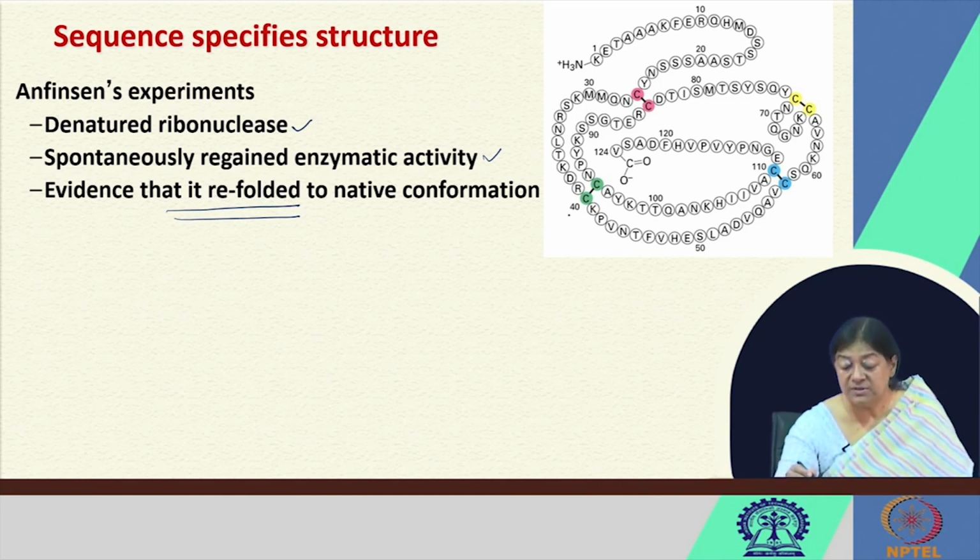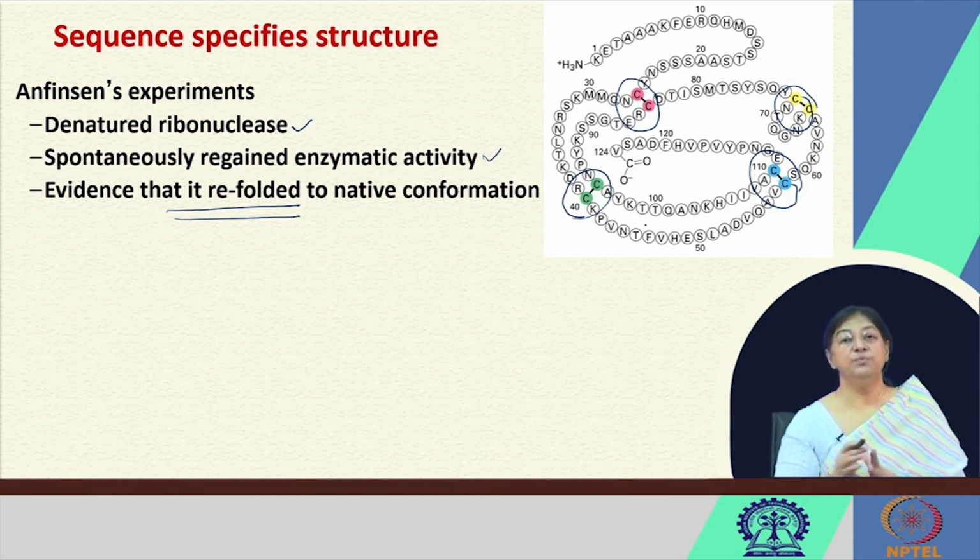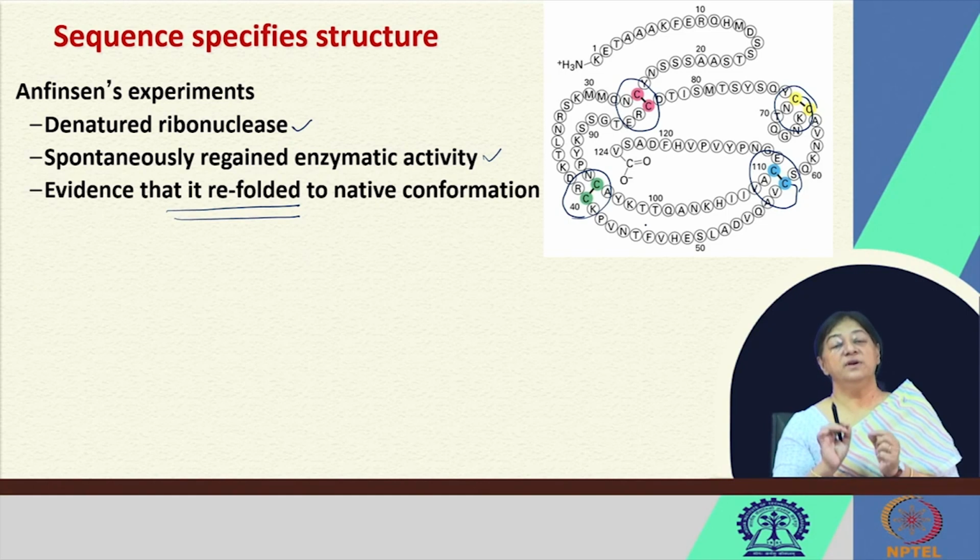So, the cysteines that we have marked here, the green, the pink, the yellow and the blue. When these bonds were broken and the protein was unfolded, the green recognized the green, the blue recognized the blue, and so on and so forth.